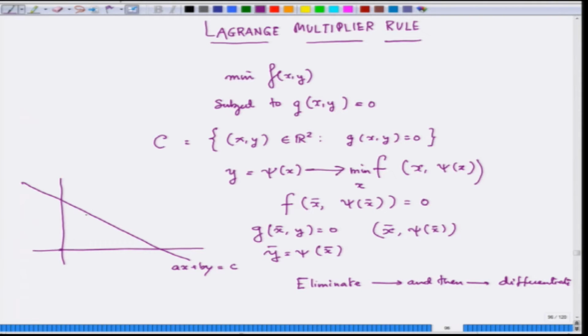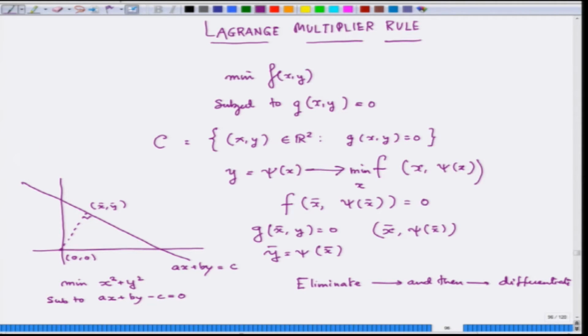That is, from the origin you are dropping a perpendicular on this line geometrically. So this is your origin and you are trying to find this point x bar, y bar. From the perspective of a minimization problem, I can set up the problem of minimizing x square plus y square, that is the distance of any point from the origin, subject to this straight line, Ax plus By minus C equal to 0.